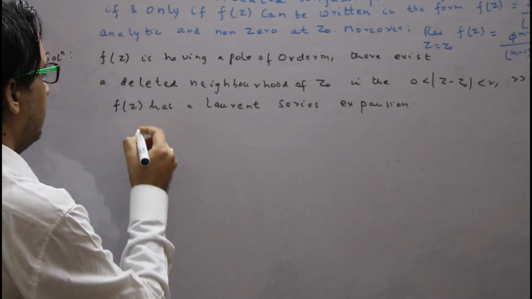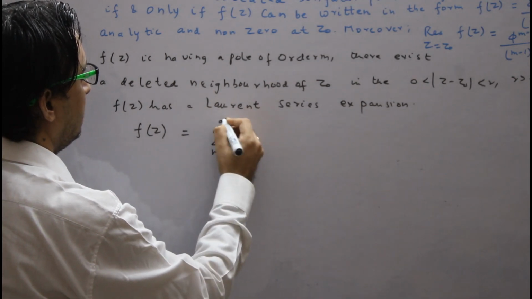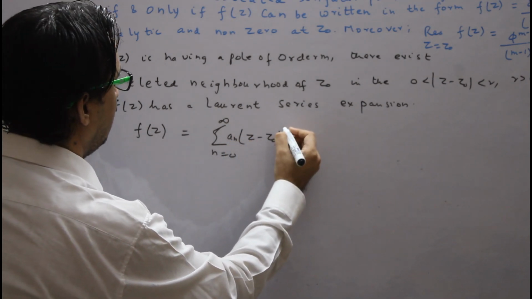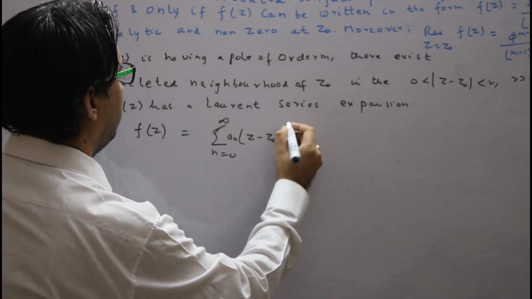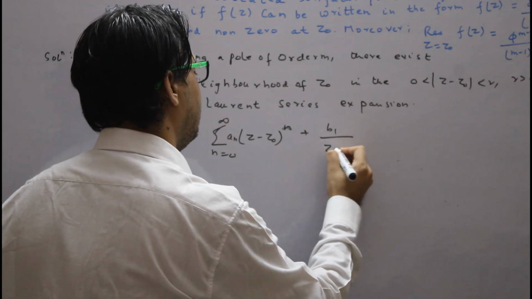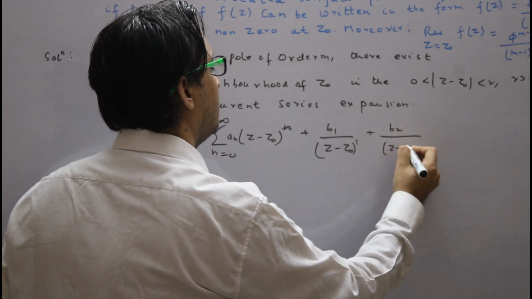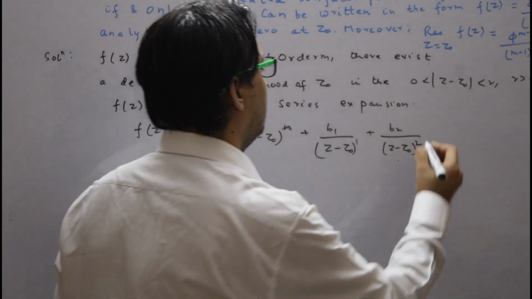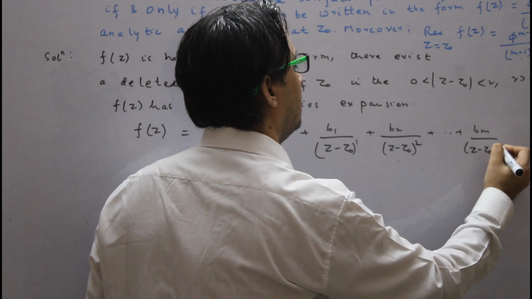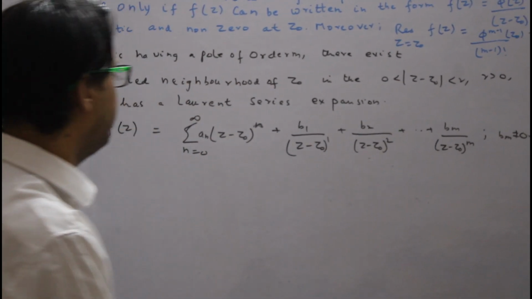that is written as f(z) = summation of n equal to 0 to infinity a_n (z - z0)^n + b1/(z - z0) + b2/(z - z0)^2, and this will go on till bm/(z - z0)^m, where bm is not equal to 0.